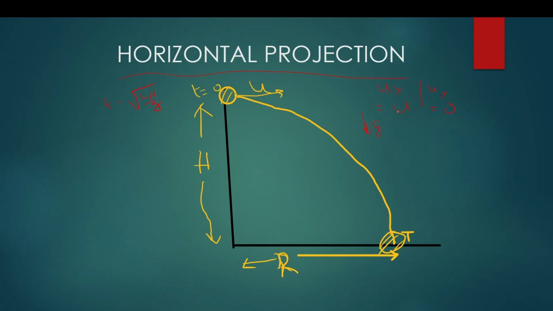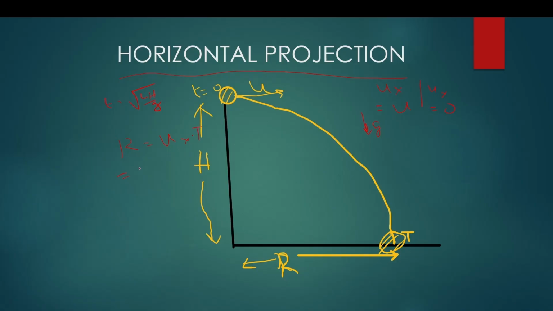So ux is the only driving velocity. Now to find the range, R equals ux into t.